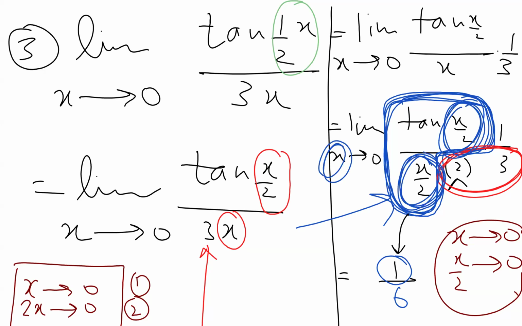But then we applied the formula for x by 2. So x approaches 0, and x by 2 will approach 0 by 2, dividing by 2 on both the sides. And what is 0 by 2? 0. So we are making the formula applicable for x by 2 also.